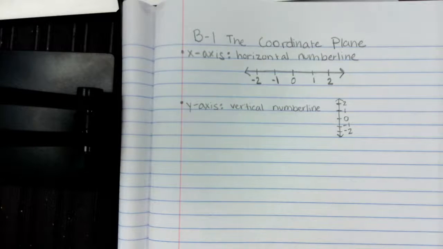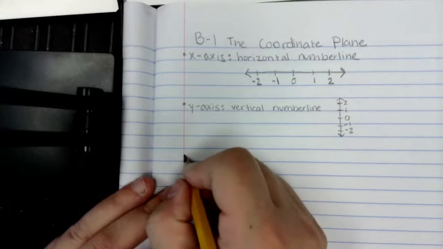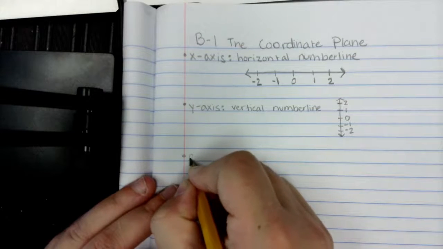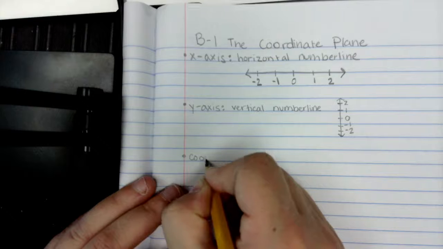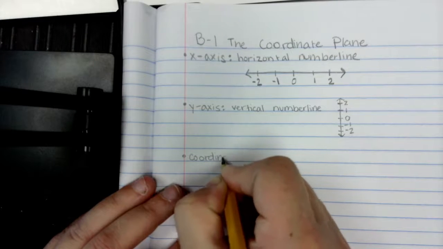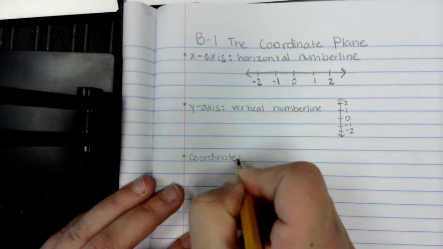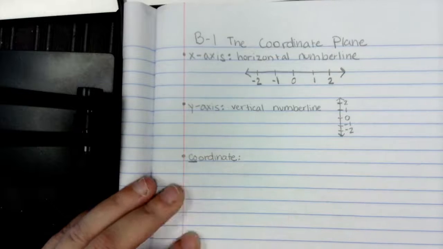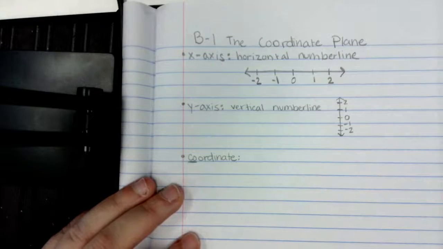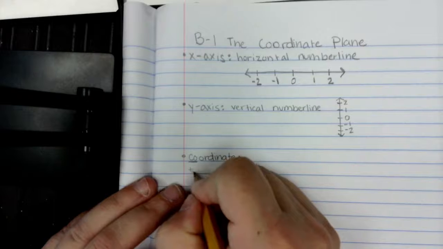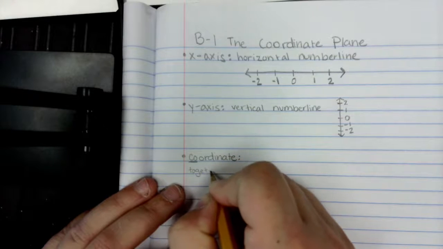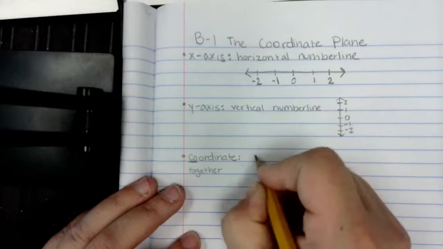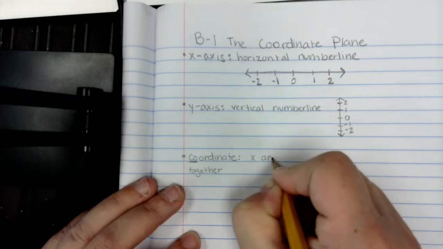So, a coordinate plane. Remember, what does that prefix co mean? Together. So, coordinate plane means the x and y axis together.